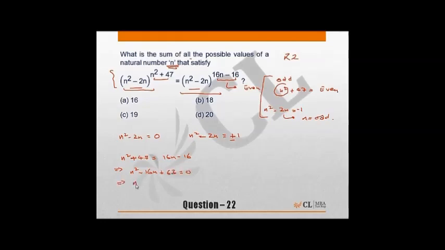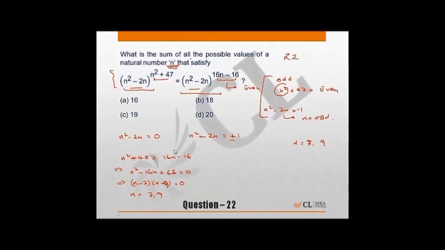This implies 63 is 9 times 7. So (n minus 7) into (n minus 9) is equal to 0. That means n can be equal to 7 or 9. So if n is equal to 7 or n is equal to 9, then the powers on both sides will be the same, and hence the answer will be the same on both sides. So n equal to 7 and 9 are possible values.